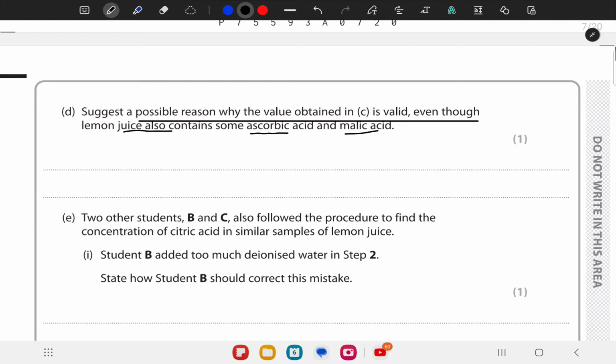So the sodium hydroxide that we used in part C would also be used to neutralize the ascorbic and malic acids. However, we have to suggest a possible reason why this answer might be valid. This might be due to the amount of ascorbic acid and malic acid in the lemon juice being in such low quantities that our titers isn't affected that much. So the other acids.